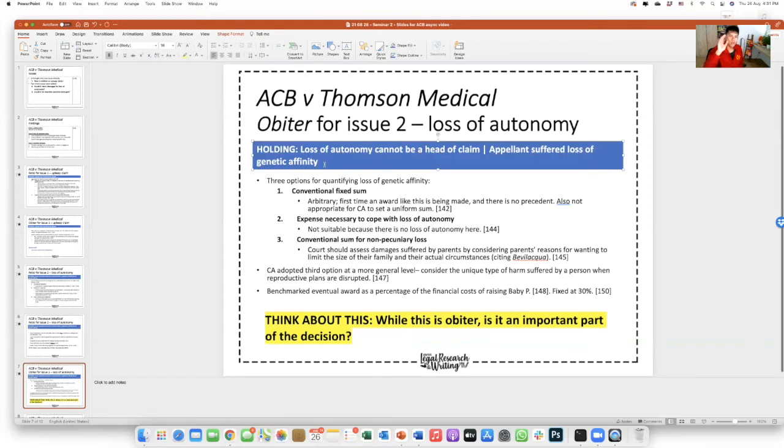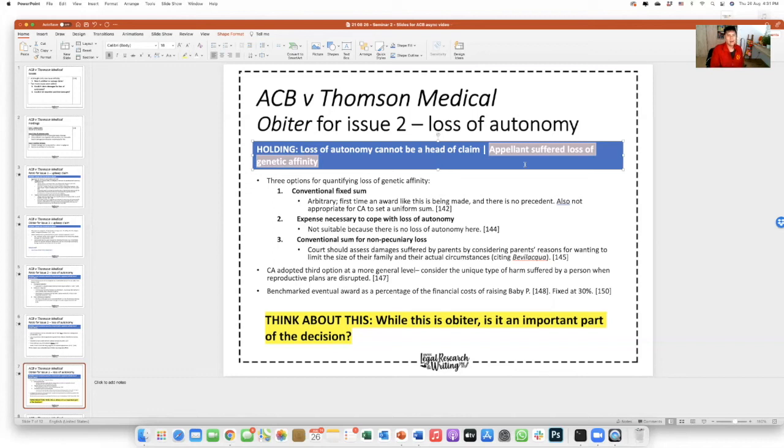If we were to frame our holding this way, I would say that this whole discussion about how to quantify the compensation is not ratio, it's obiter, because the holding right here simply deals with whether or not there can be a claim for genetic affinity.